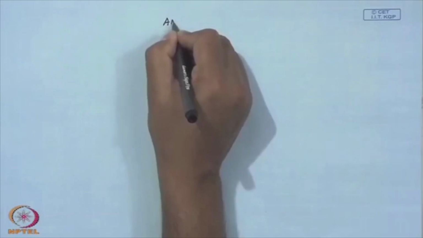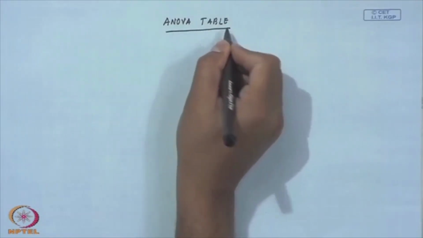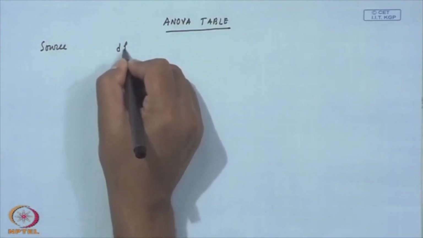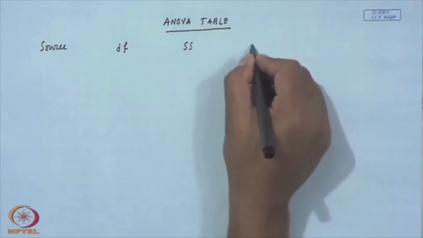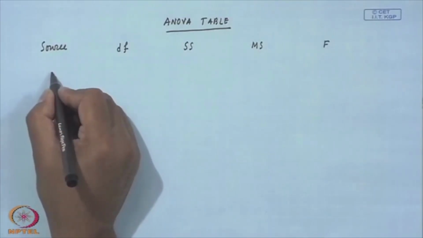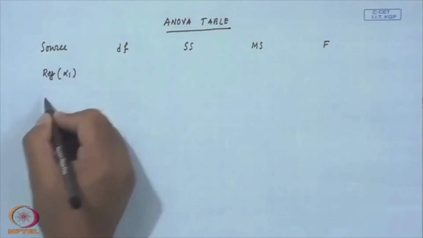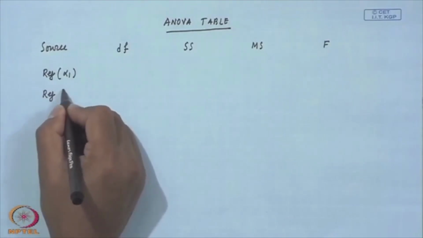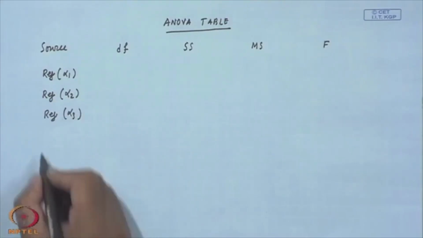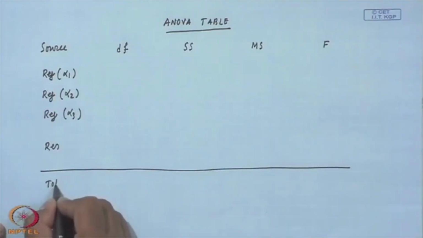The columns are source, degree of freedom, SS, MS, and F. The rows are regression due to alpha 1, regression due to alpha 2, regression due to alpha 3, residual, and then total.